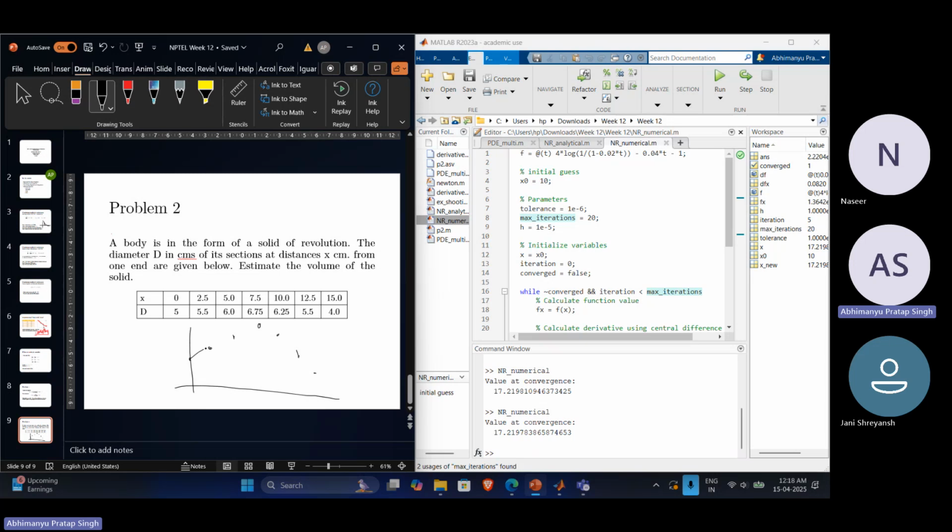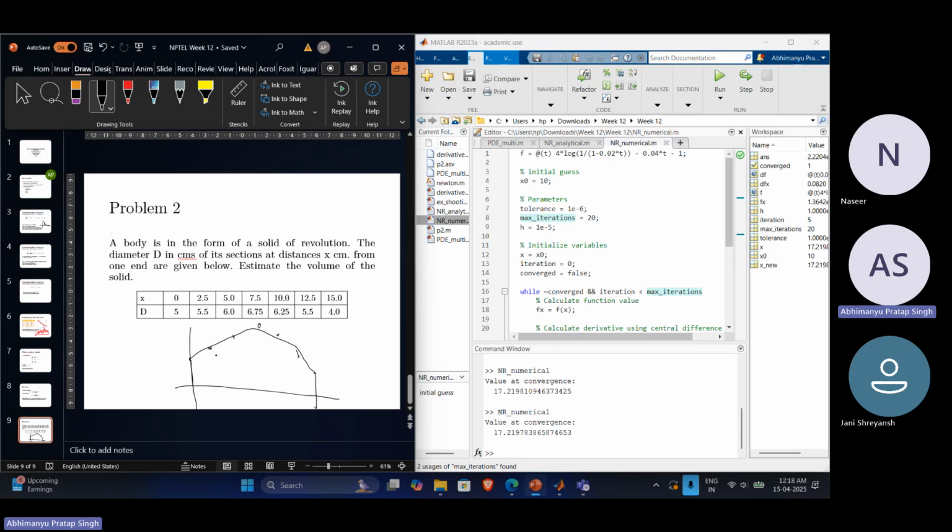So the solid is something like this. Okay. So yeah, I will revolve it in 3D. So we need to find the volume of this revolution.